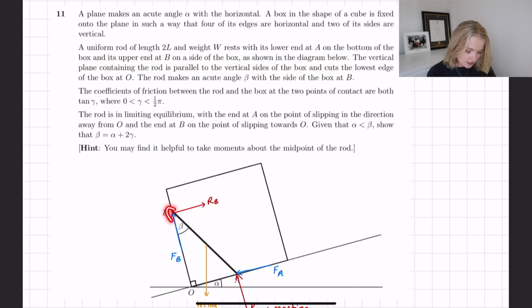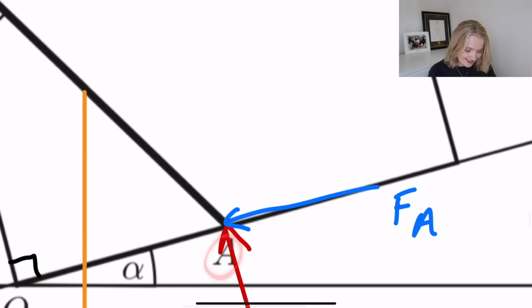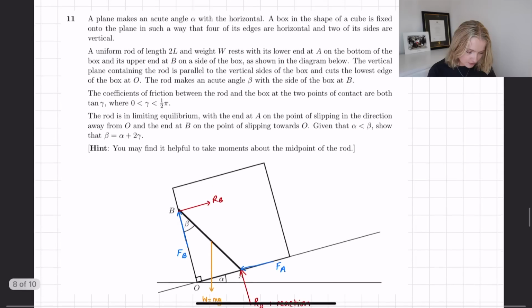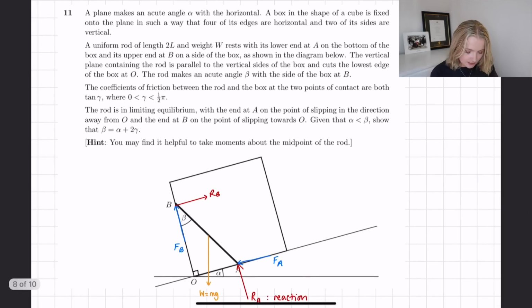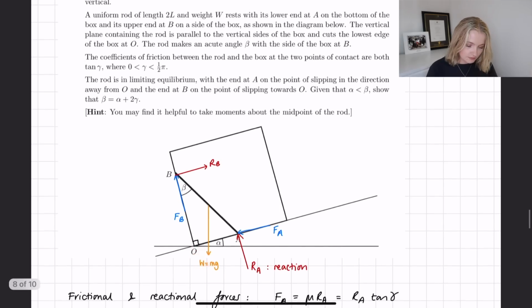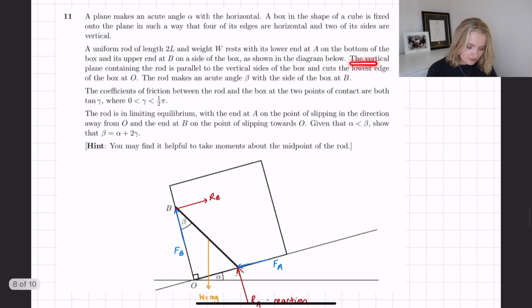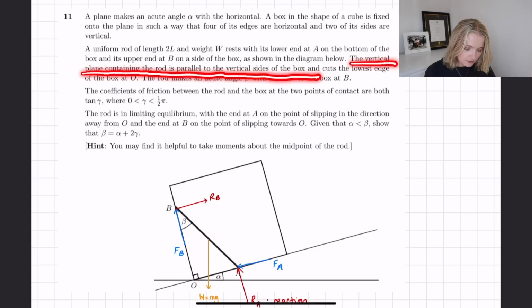So this is the rod here, top end is at B, bottom end is at A. Its length is 2L, so this is L, and we have a weight, W. Then it says the vertical plane containing the rod is parallel to the vertical sides of the box and cuts the lowest edge of the box at O, so we see that here.